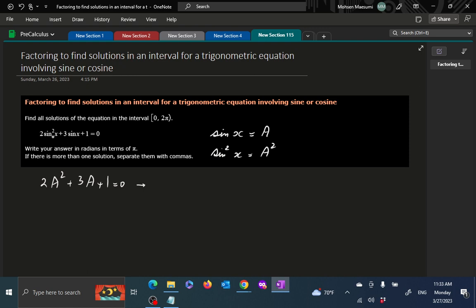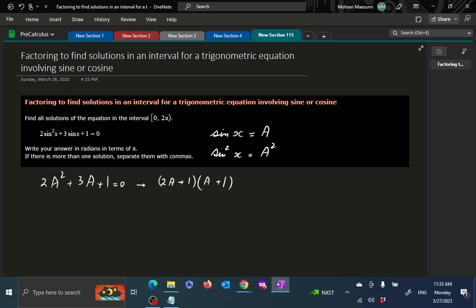It looks like factorization will be easiest in this case. I need to have a 2a and an a in my factors, of course, to make 2a squared. For the 1, there's only one way to break that: 1 and 1, or of course minus 1 and minus 1. We check that 1 and 1 works.